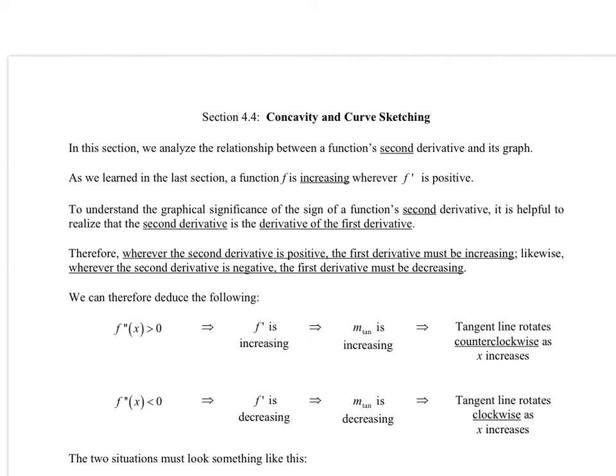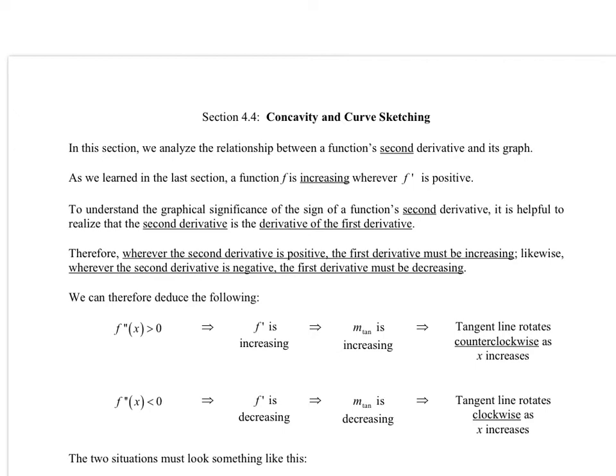That point could correspond to a local maximum, a local minimum, or just a plateau, a point that's neither a max nor a min, but where the function's graph just happens to momentarily level off.